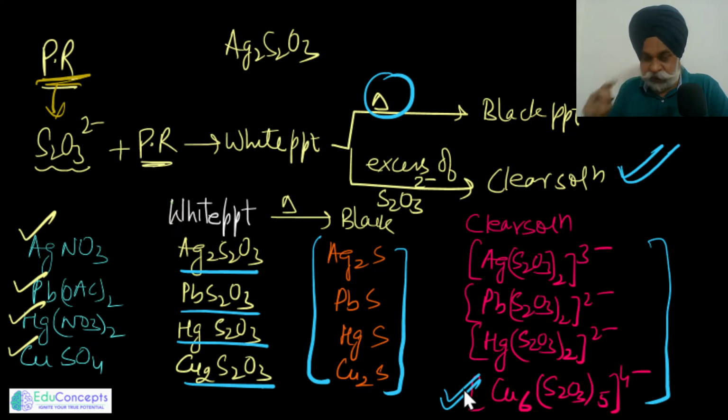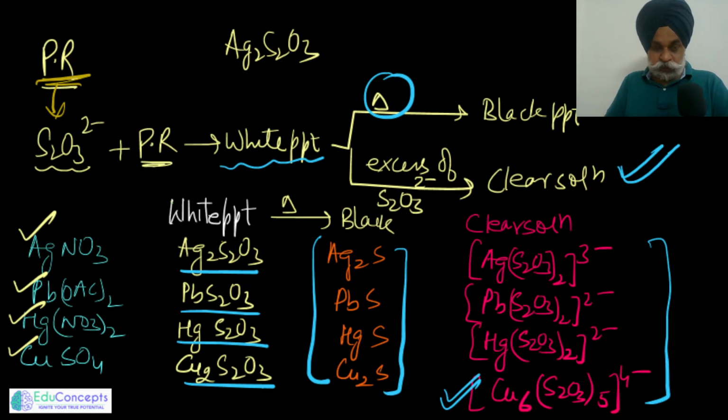What I am saying here is, first the precipitation has happened. That precipitate on heating gives you a black precipitate, and the other white precipitate, if excess thiosulfate is added, gives you a clear solution. Is it okay? So this is one of the ways of identifying thiosulfate ion.